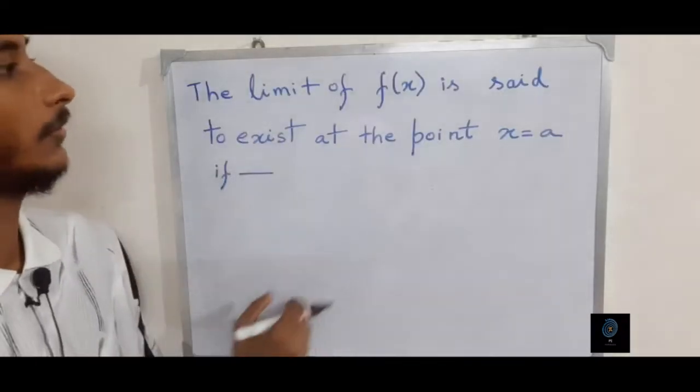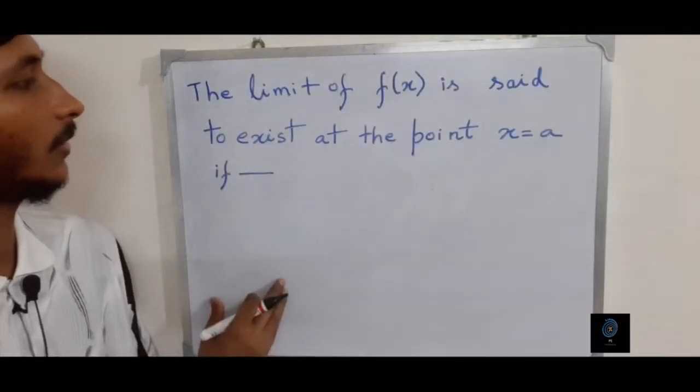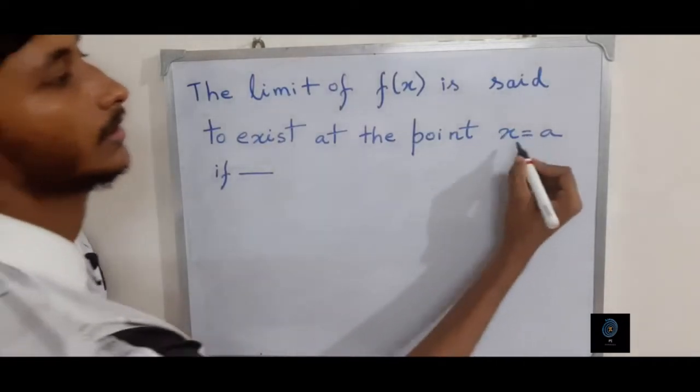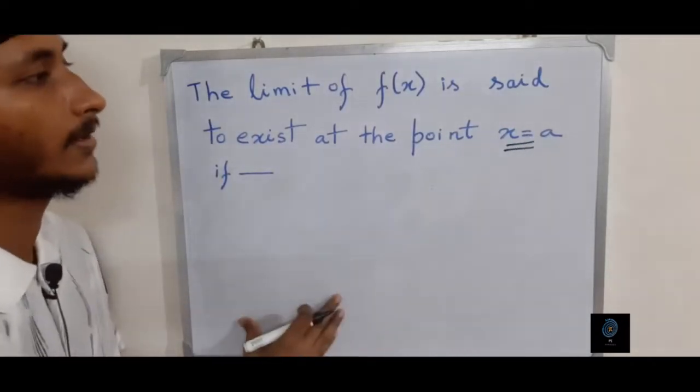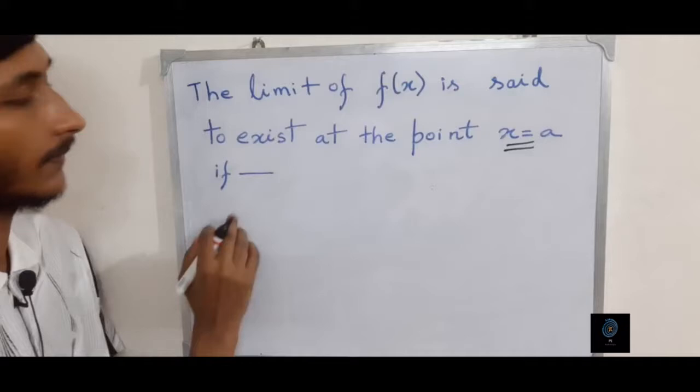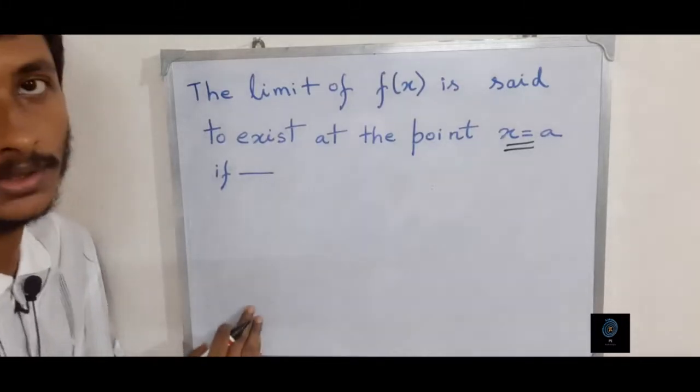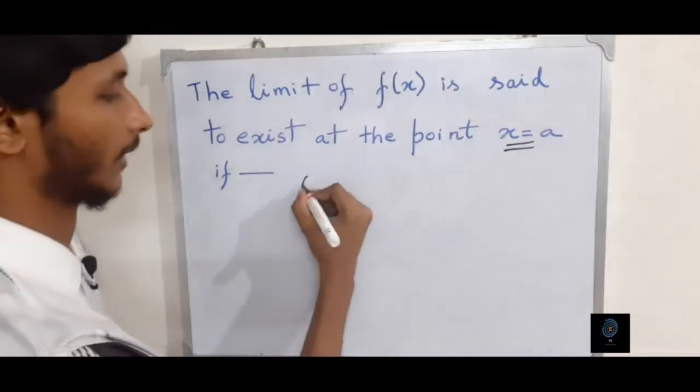The limit of a function f(x) is said to exist at the point x equal to a, where a is a point in the domain of f(x), if three conditions are satisfied.